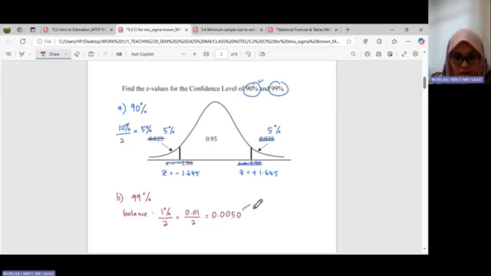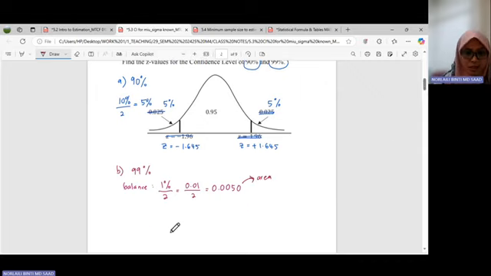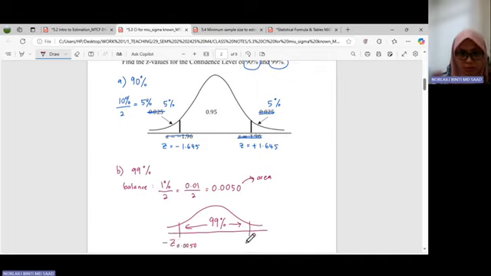You have to bear in mind this is the area or the probability, which you can use to find the value. If you draw the normal curve, it will be here because this is your 99%, from here to here, and this is negative z with 0.0050, and this is positive z with 0.0050.